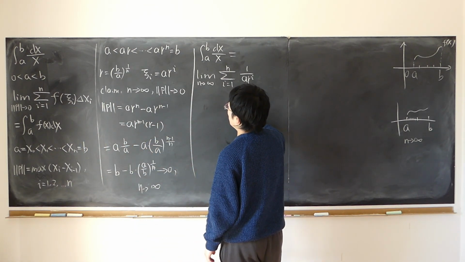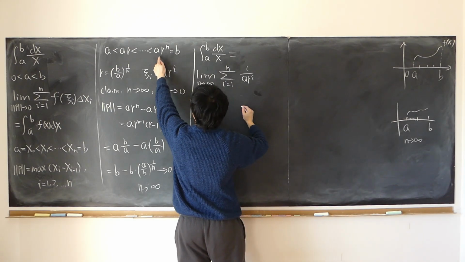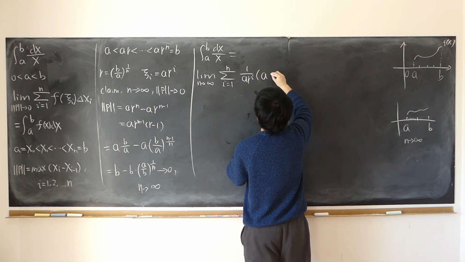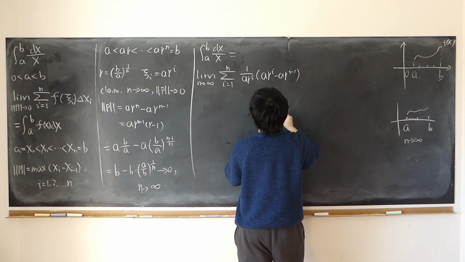Delta x_i is what? It is a times r to the power of i minus a times r to the power of i minus 1, right?